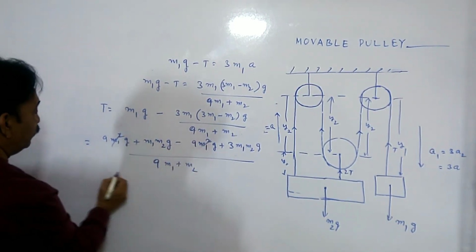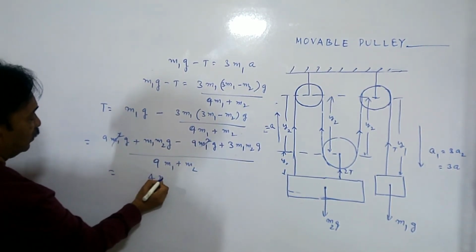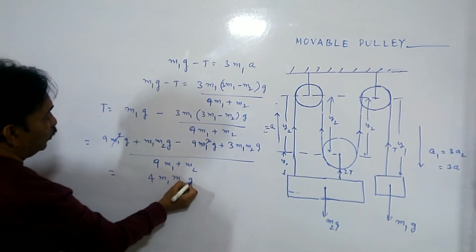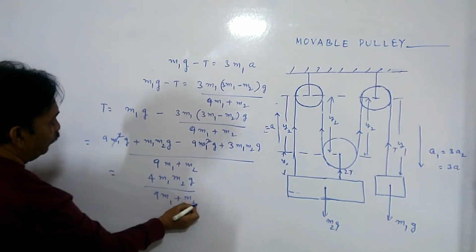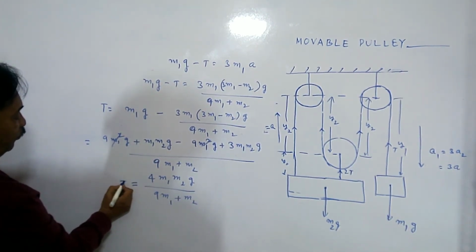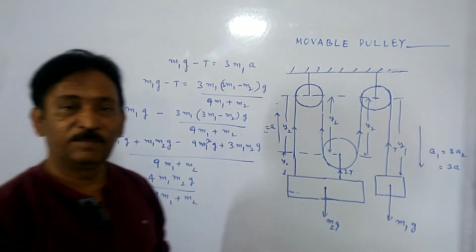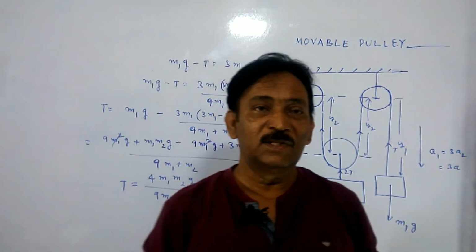These terms get cancelled. We get it as 4m1 m2 g by 9m1 plus m2. In this way, you can calculate the tension in the string, students.